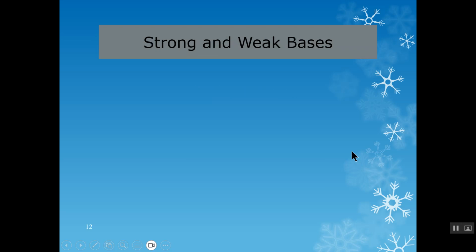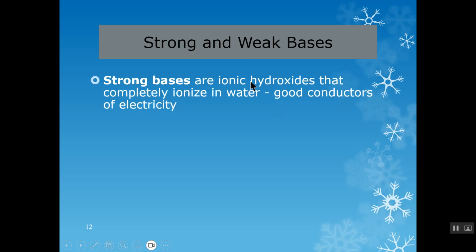Okay, then we have strong and weak bases, and the same concept applies, but I need to define what a base is, and I forgot to include that in this PowerPoint, so I'm going to write it up here.